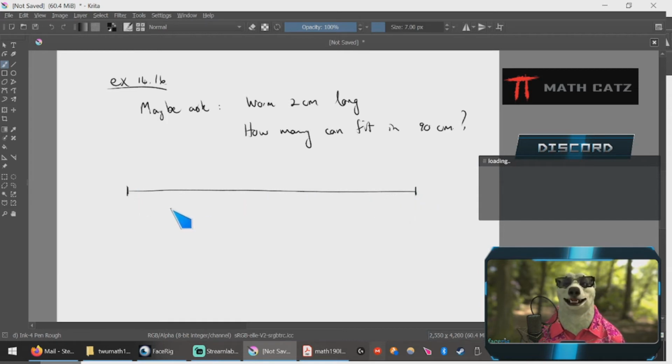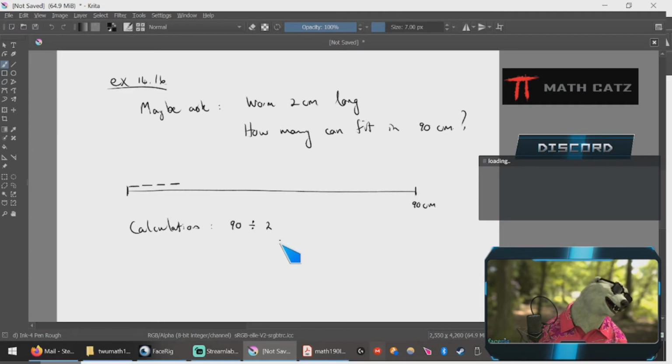That's 90 centimeters. I laid a little wormies, 2 centimeters at a time are being used. Hopefully, they can make the connection that this is a division problem. So the calculation behind this to answer this will be 90 divided by 2.